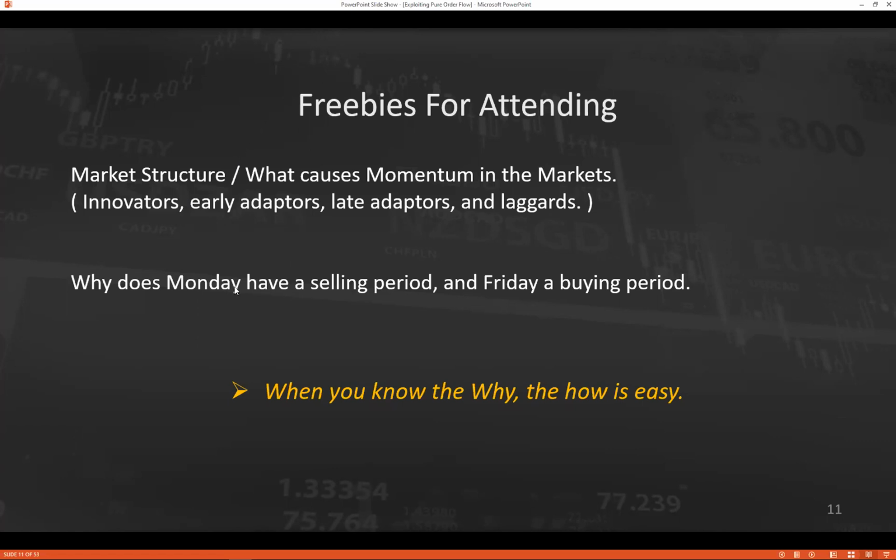explodes. Why does Monday have a selling period and Friday have a buying period? Monday has a selling period in all markets because the institutions are hedging. Say it's a stock index fund, and I own a $250 million stock portfolio.